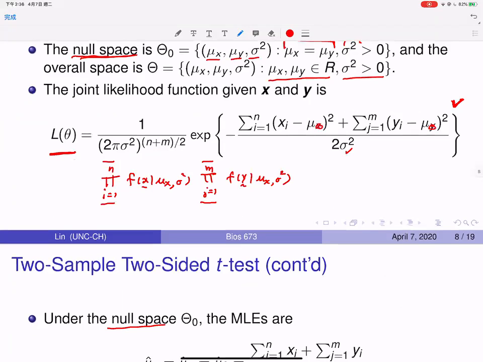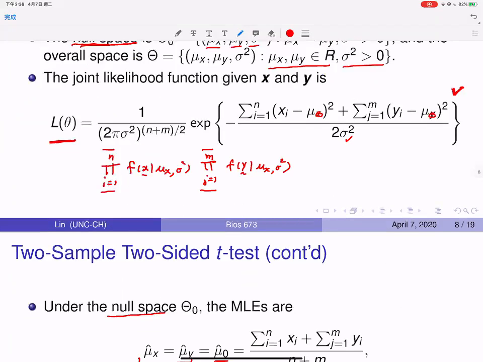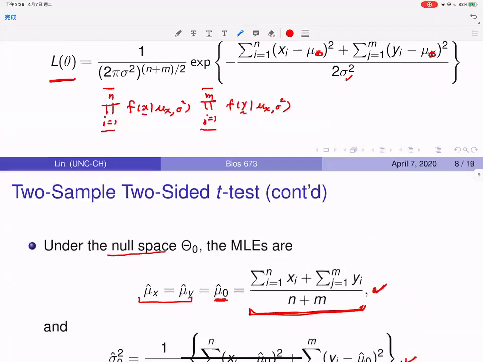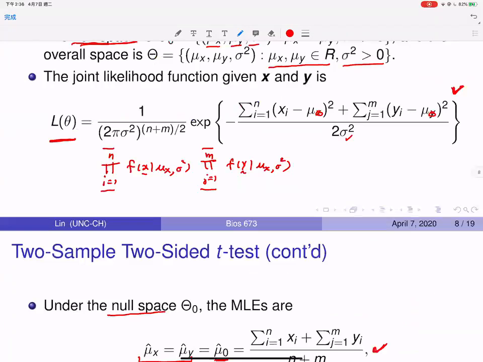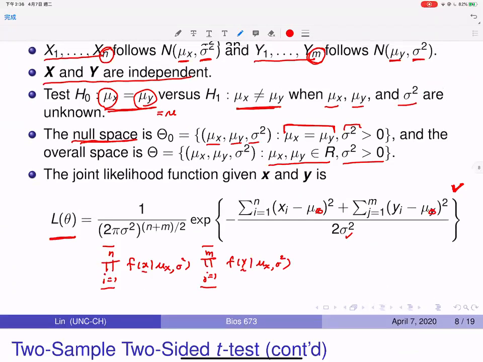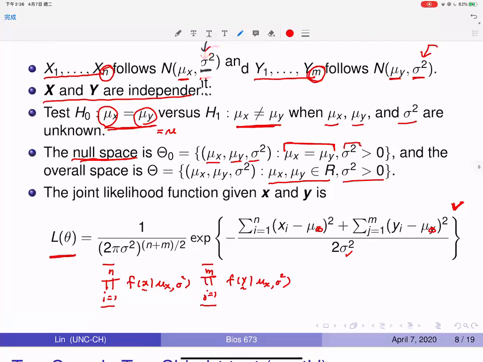Then you will find out this is the MLE for mu 0 hat, and this is the MLE for sigma square. This is not surprising, right? Why is this not surprising? It's not surprising because under the null hypothesis, you have mu x equals mu y equals mu. That means this guy is mu, this guy is mu.